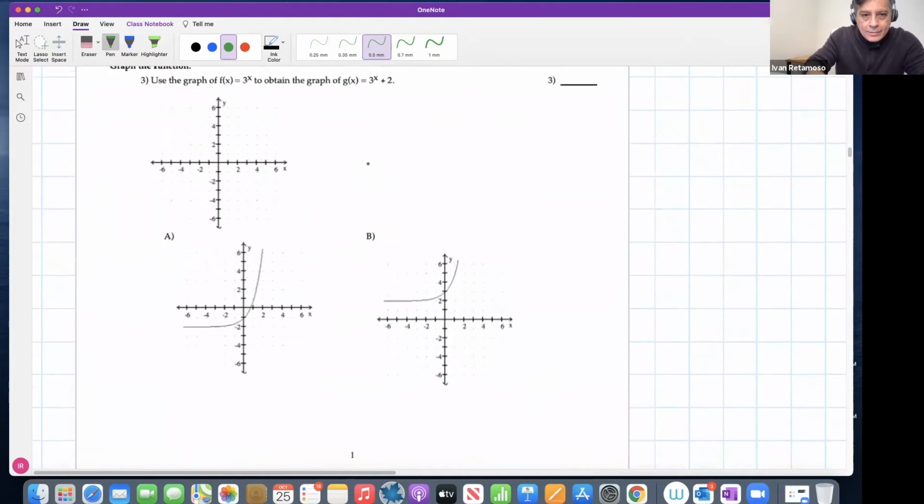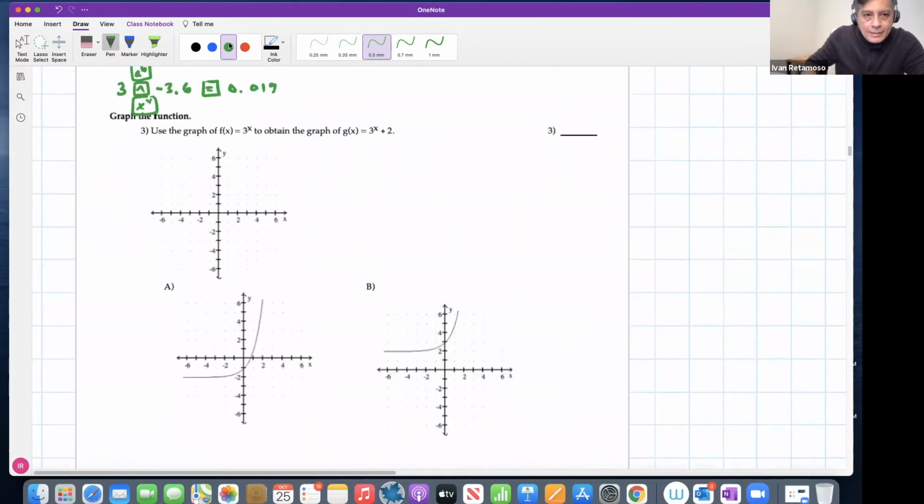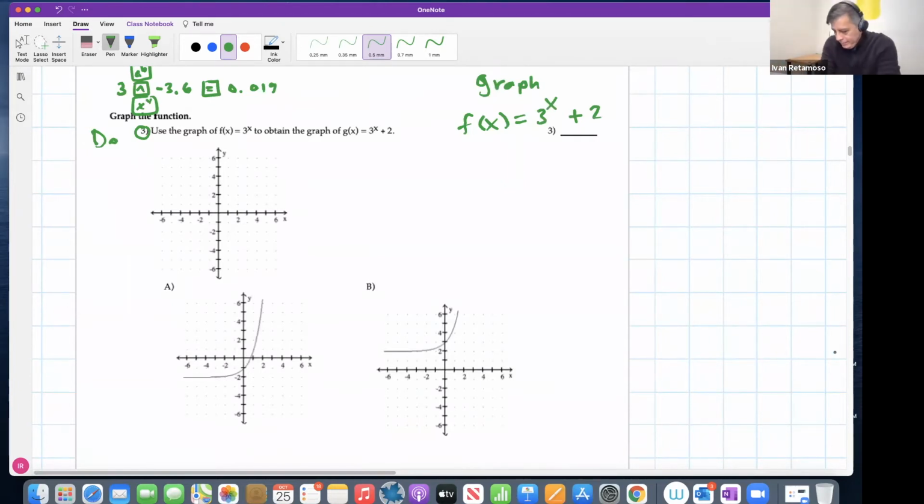There are just 2 choices. It's basic, but we start with something basic. Can you graph this function f of x equal 3 to the x plus 2? And choose either A or B. Which one?